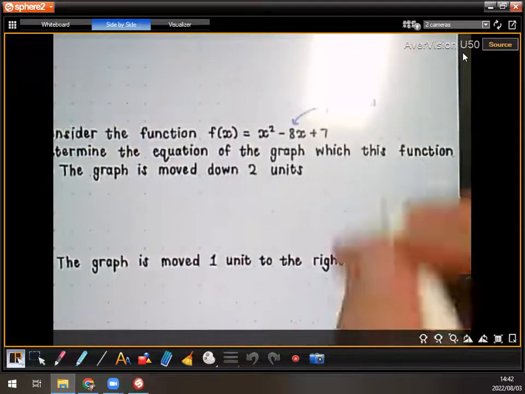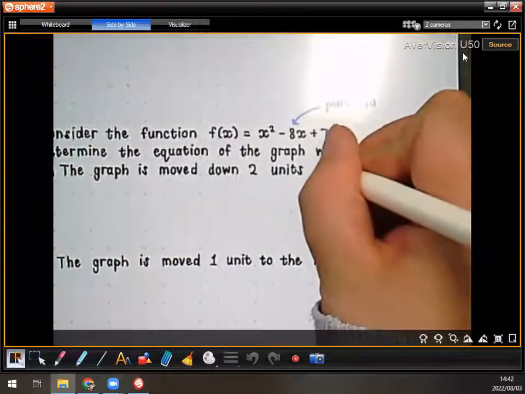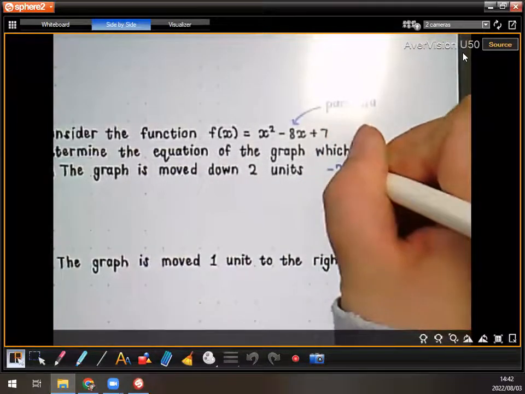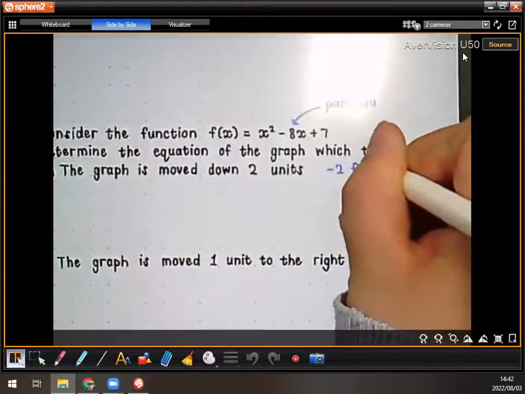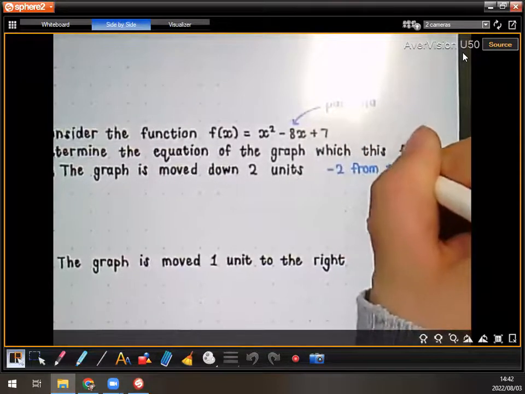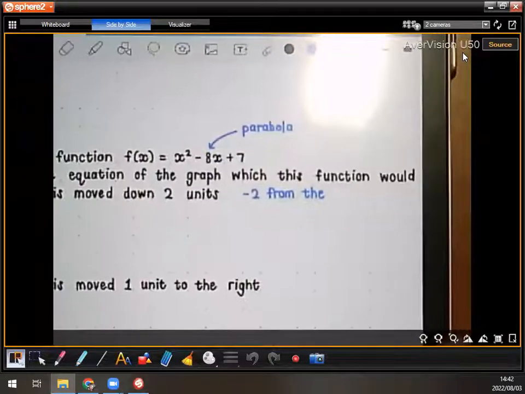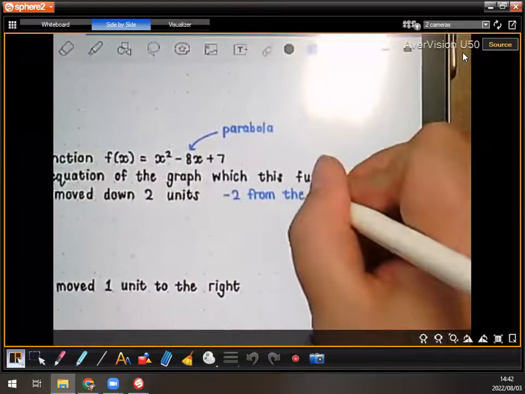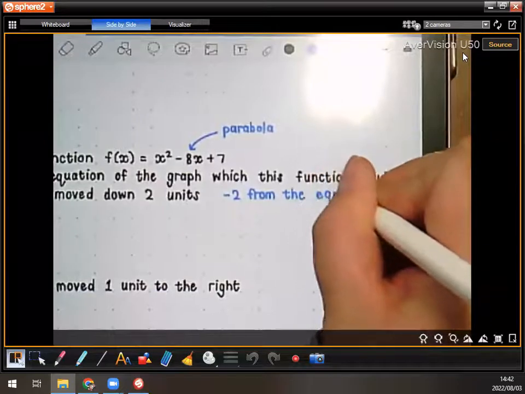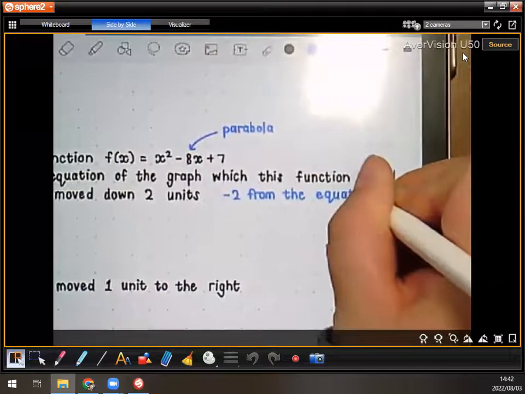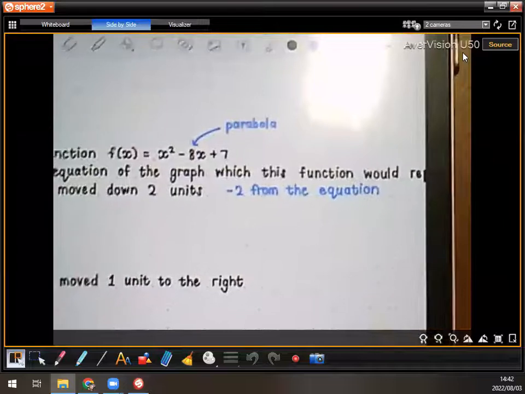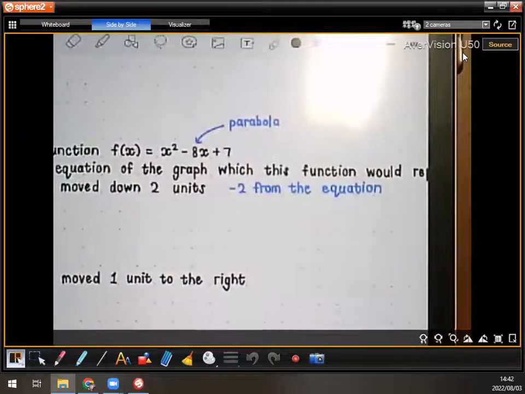So when you're moving down 2 units, all you're going to do is minus 2 from the, we can say constant term, but actually from the whole equation. So that's all you need to remember, guys. If it's moving down, we'll just minus 2 from the whole equation.